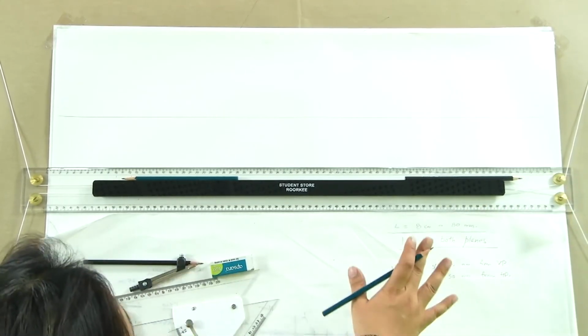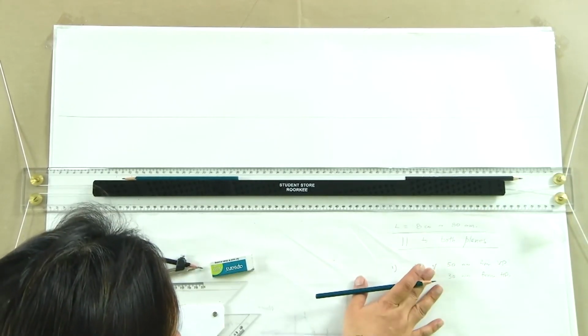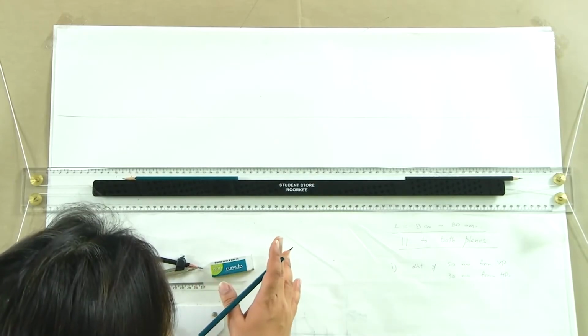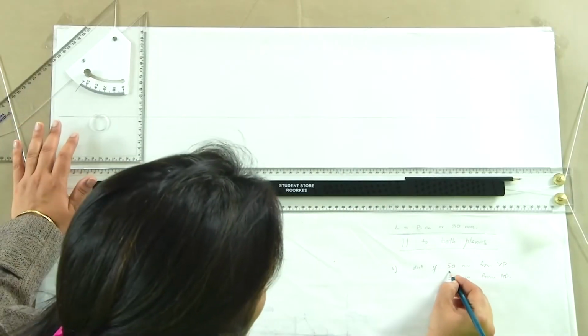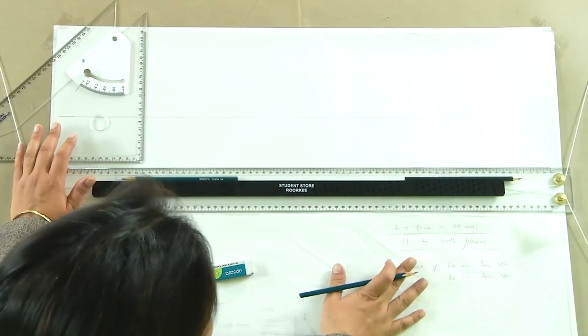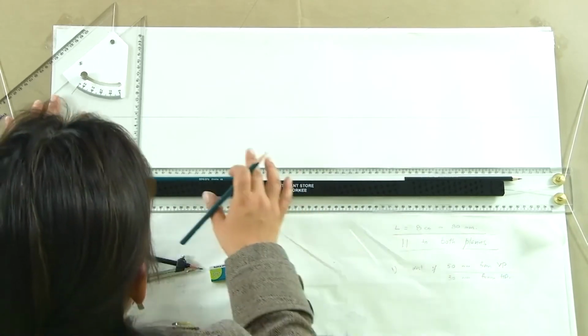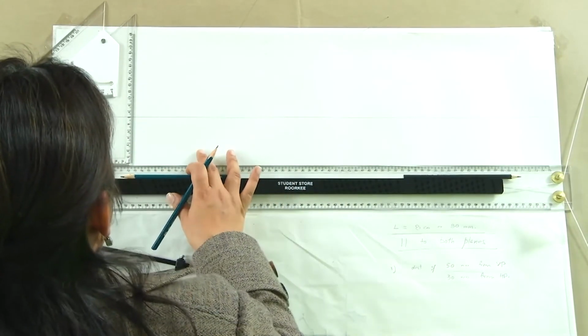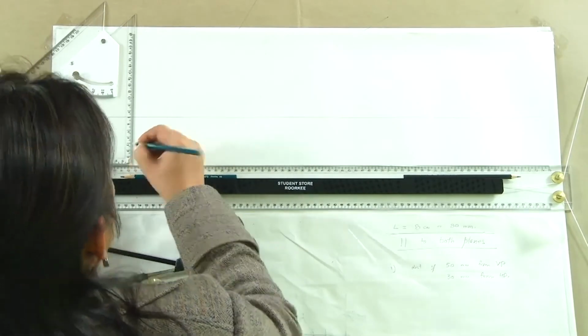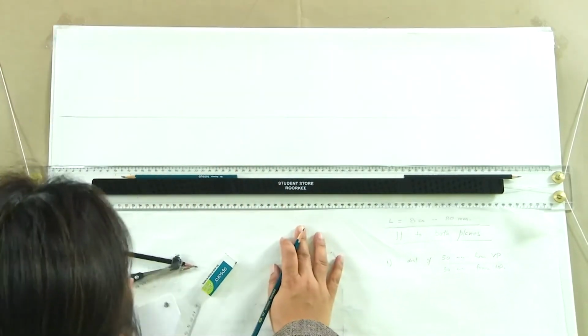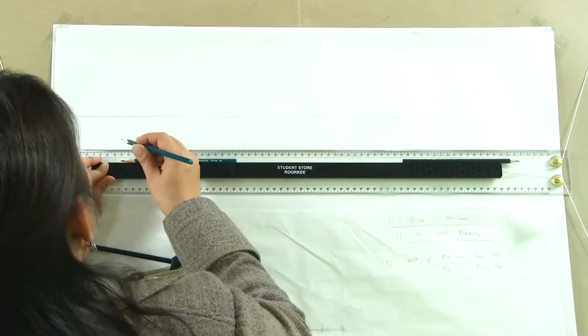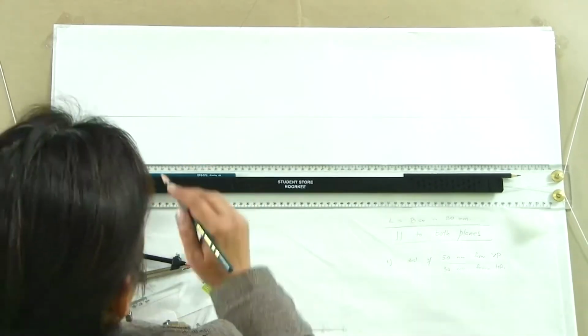Now, if a line is at 50 mm from VP, where would we see it? We would be seeing it in horizontal plane or in the plan, that we know. So whatever is the relation of the line, the object, the plane from VP, it will be reflected in HP. So let us draw a line at a distance of 50 mm from VP, and this line will remain parallel.